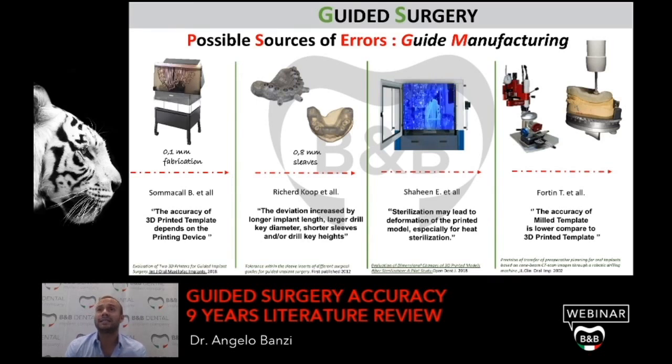And it's a milling machine that drills the hole with the right inclination, but the system brings too much error into the system. So if I have to be honest, it's more accurate working with the digital technique than the analogic technique.